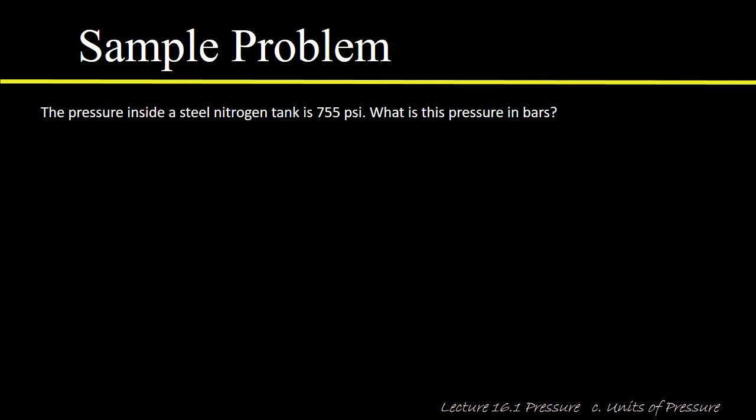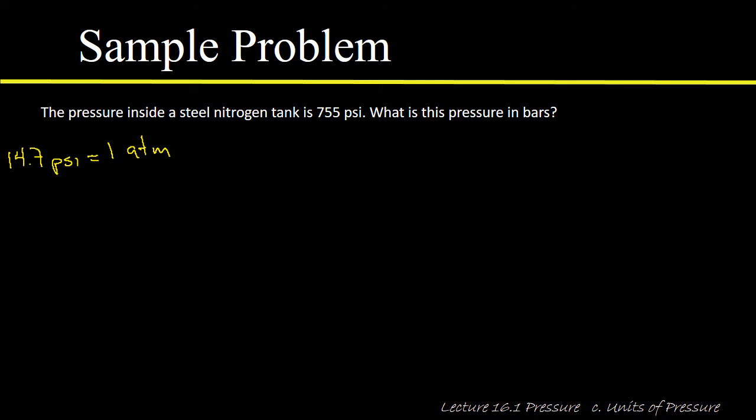All right. This third example says the pressure inside a steel nitrogen tank is 755 psi. What is this pressure in bars? So we need some relationships between psi and bars. I don't know any relationship between psi and bars, but I do know that there are 14.7 psi in 1 atmosphere.